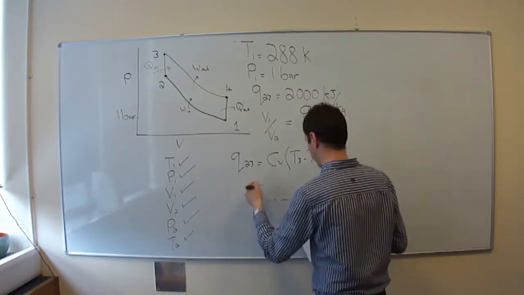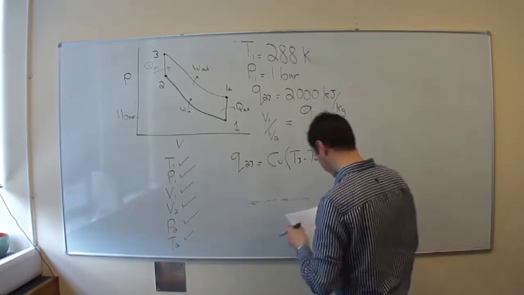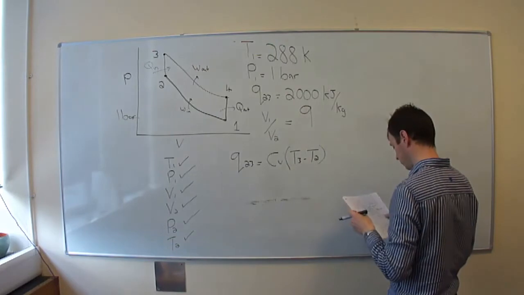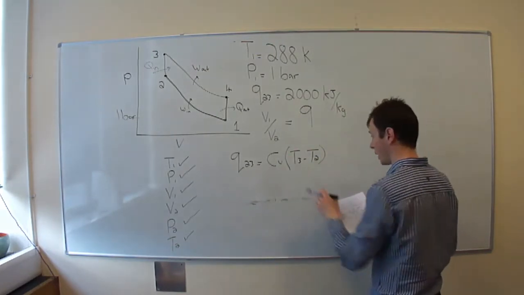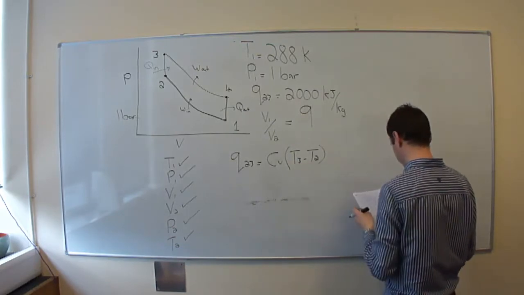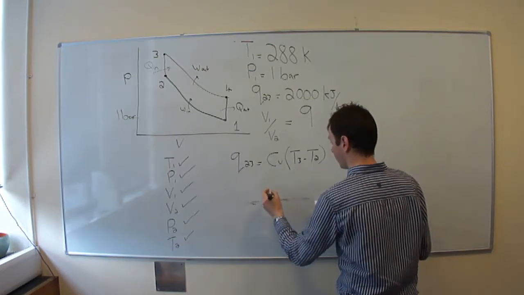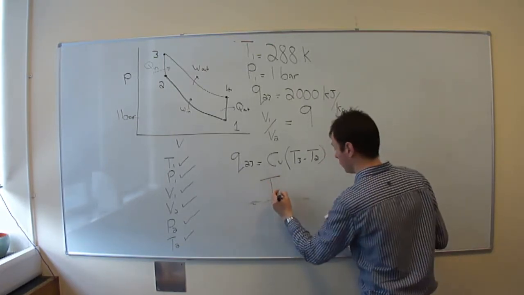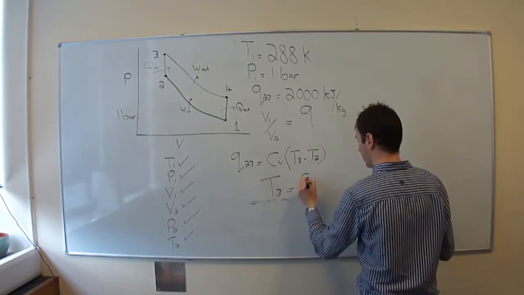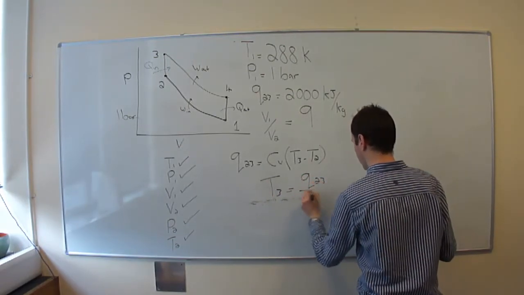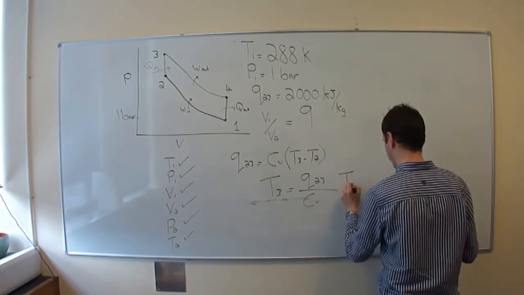And just for reference, that's 695 Kelvin. Okay, now rearranging this, we can work out T3. So I'll write this one out. T3 equals Q23 over CV plus T2.